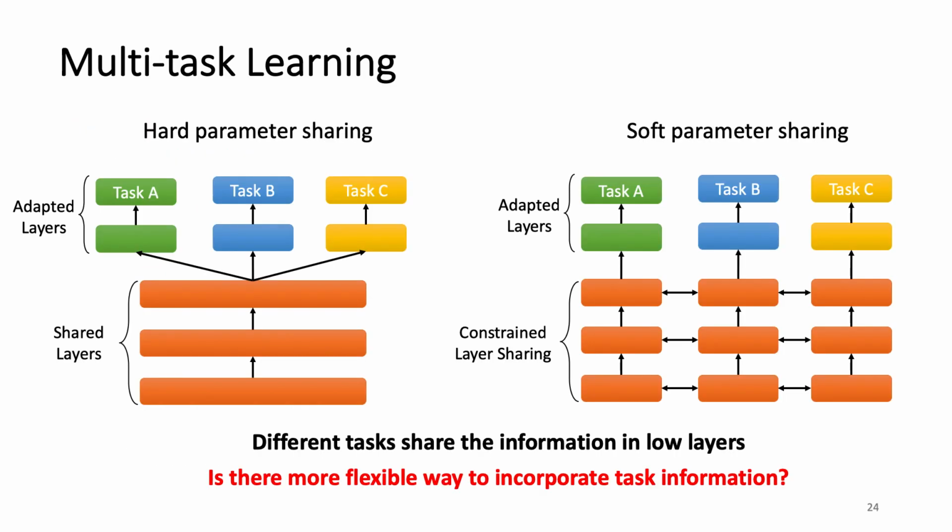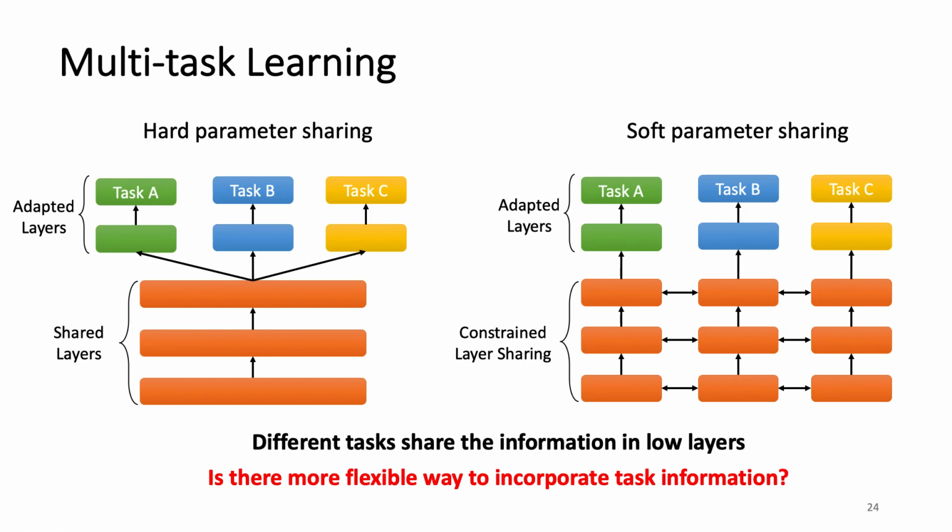The methods are quite straightforward. Let's say you have three tasks, task A, B, and C. Hard parameter sharing basically makes the lower layers share the same layers in the neural nets. And soft parameter sharing allows differences between those bottom layers, but with certain constraints to make them look similar.